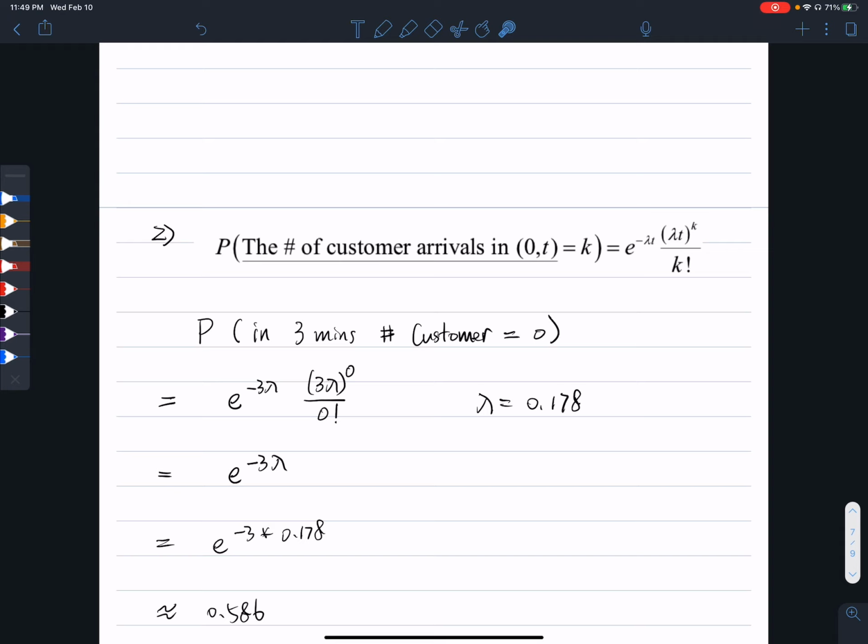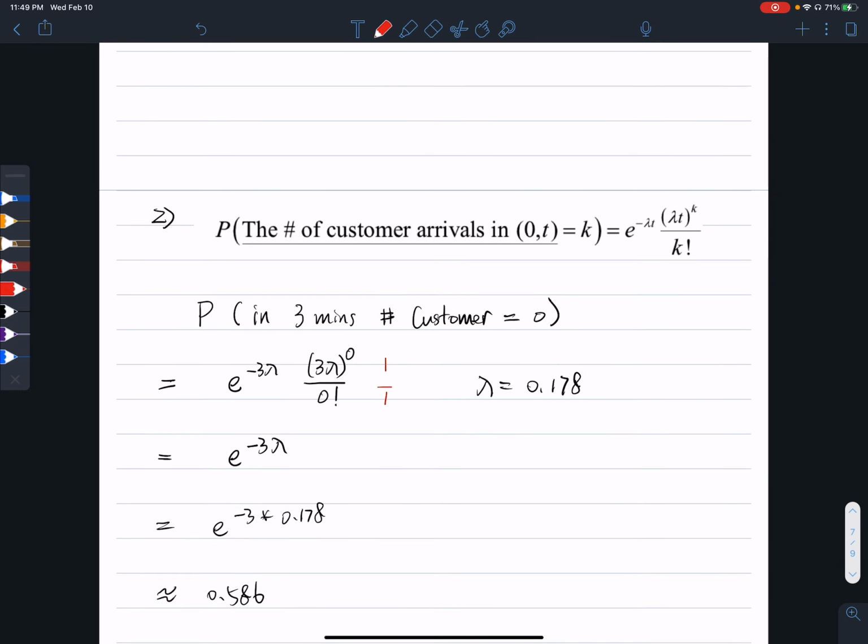So in 3 minutes, we get the formula e to the power negative 3 lambda times 3 lambda to the power 0 over 0 factorial, where the power 0 is equal to 1, and also the 0 factorial is equal to 1.